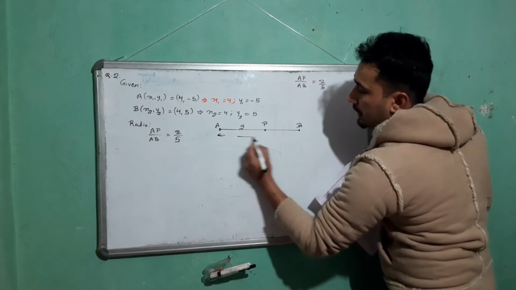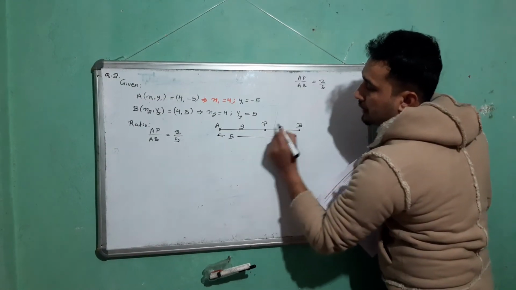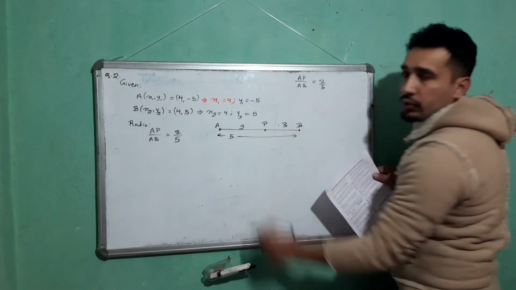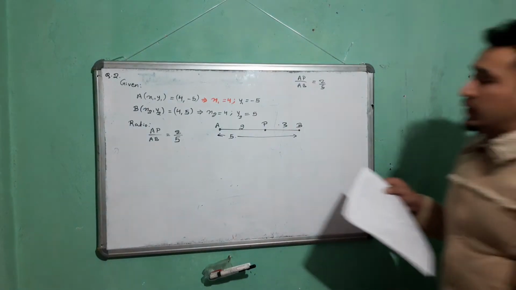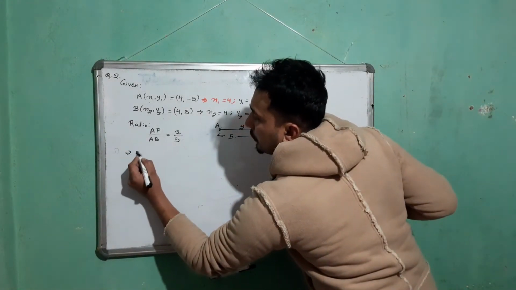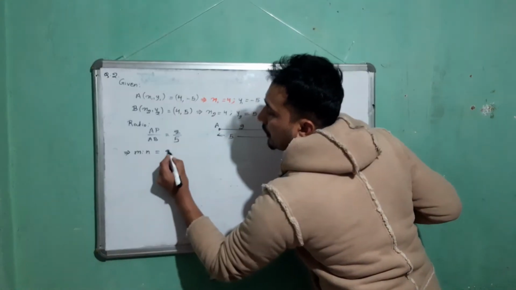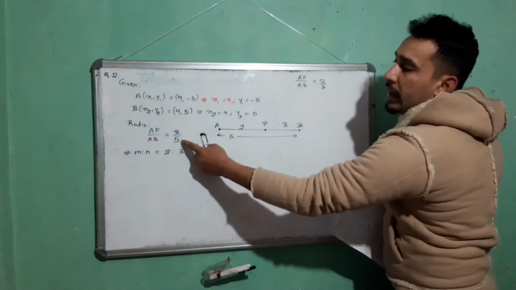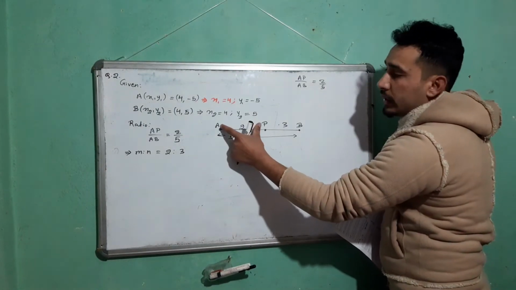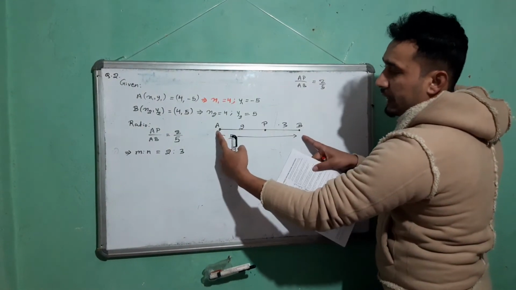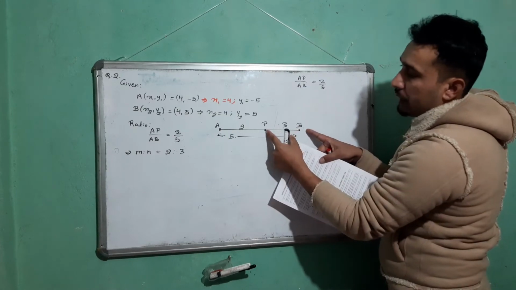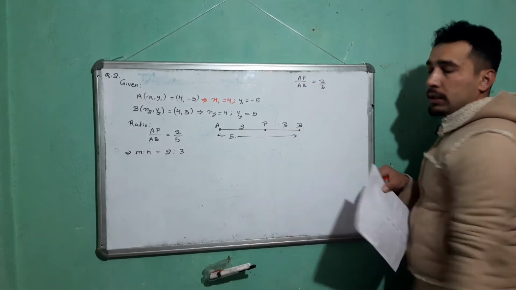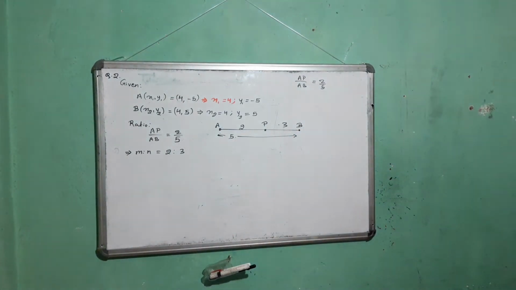Here to here is 5. So this part will be 3, 5 minus 2, 3. Okay, so ratio m is to n is equal to 2 is to 3. You have to subtract this 5 minus 2. Okay, this part here to here is 2 and total here to here AB is 5. So this part will be 5 minus 2. 5 minus 2 is 3.